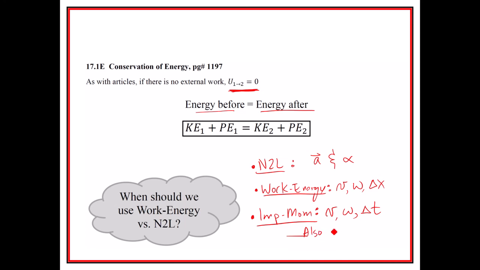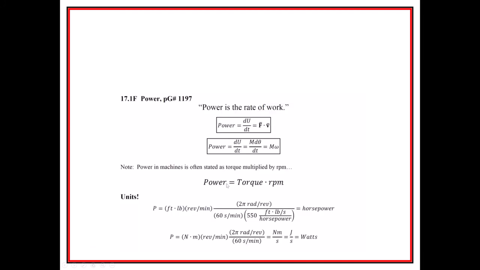Also, when there's impact involved, and we want to contain that impact inside a system, there can still be energy losses in impulse and momentum, but angular impulse and momentum can be conserved, and we'll see that in the next class. It's a separate thing. But there are some problems where you could use all three methods. And I believe this is the last one.